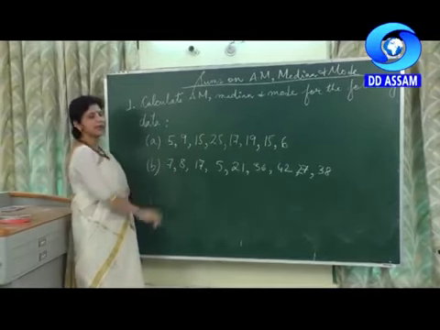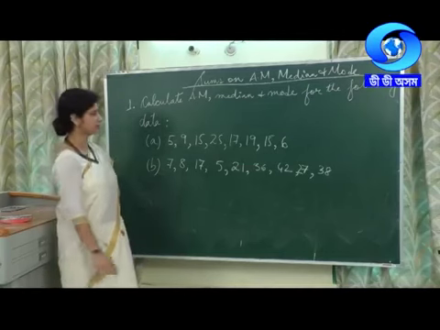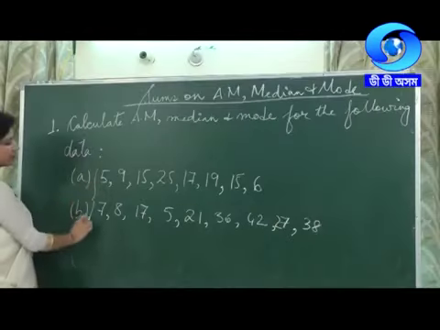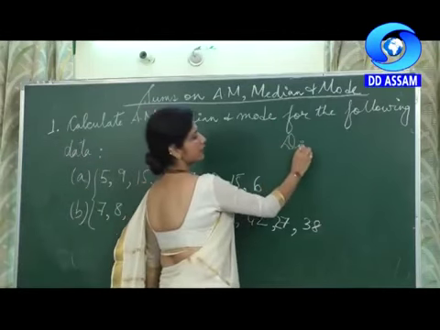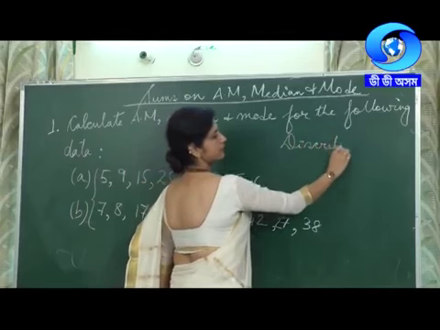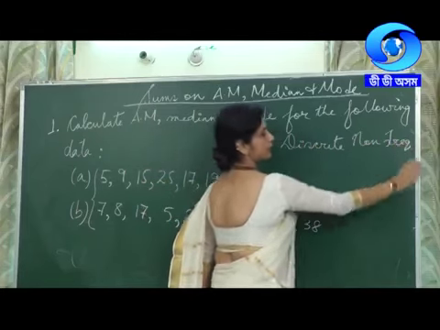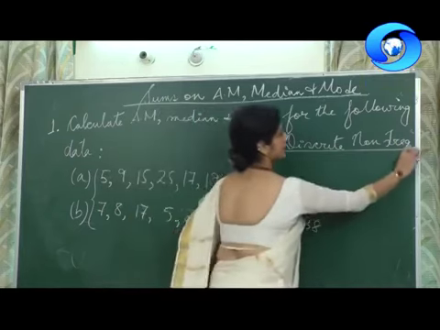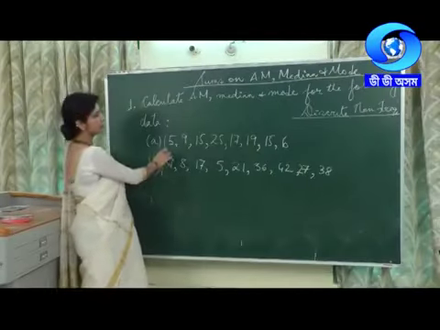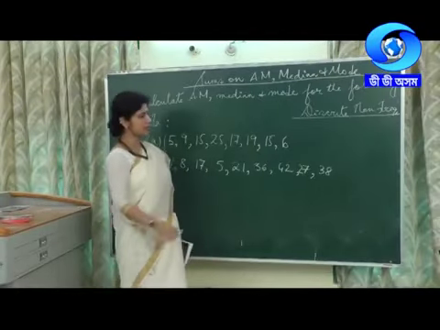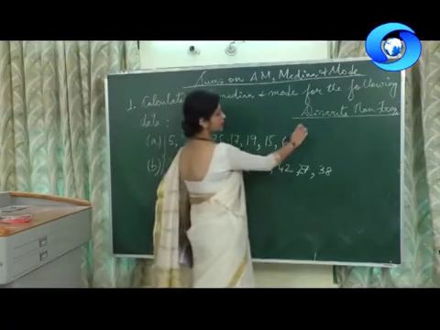So both these series are discrete non-frequency distribution. All right. So for finding arithmetic mean in such kind of a distribution, what was the formula?